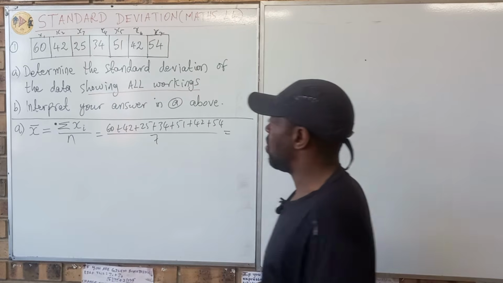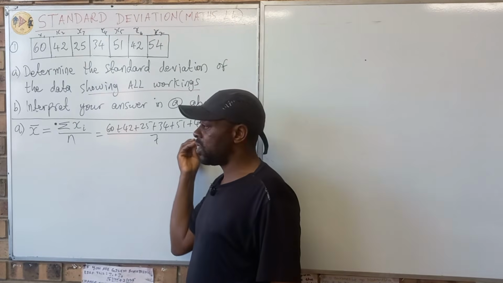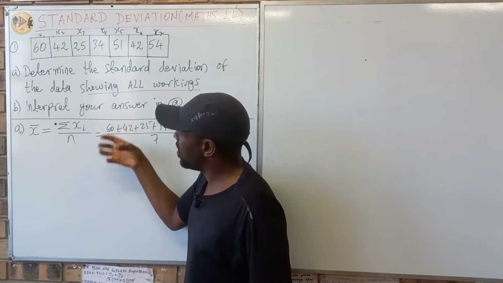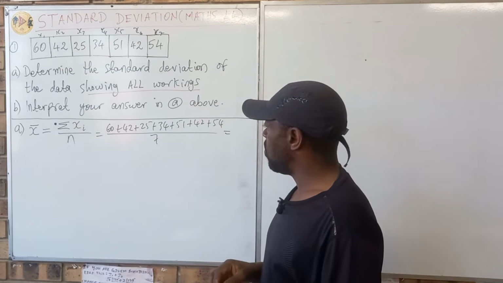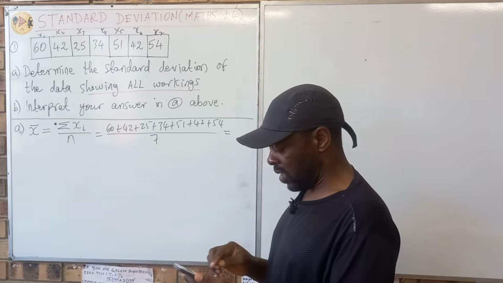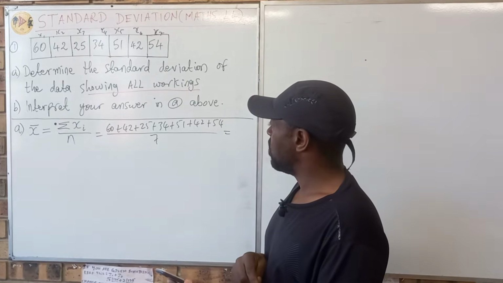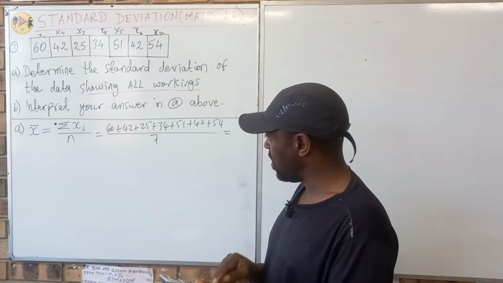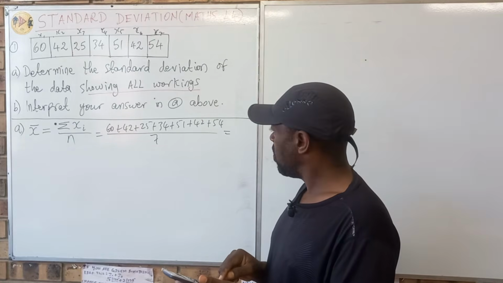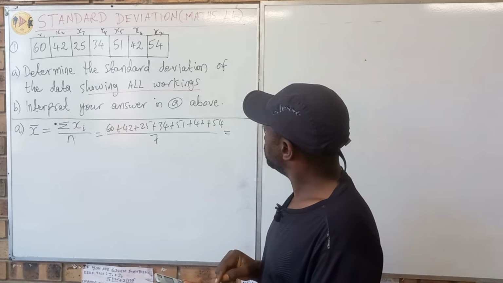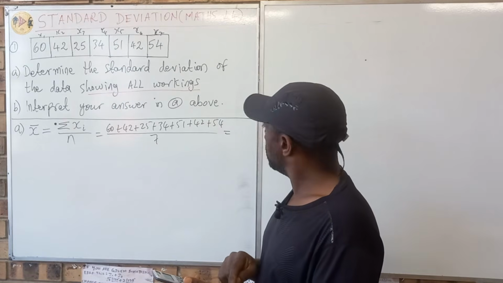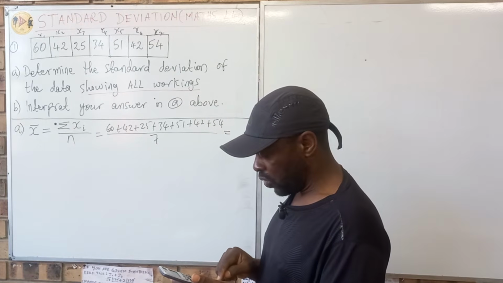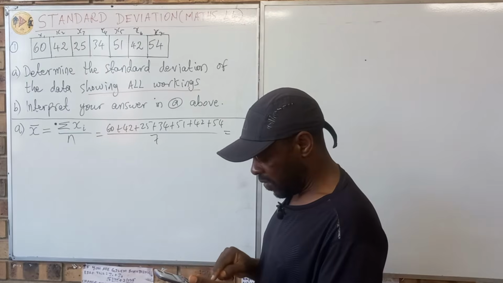When they talk of showing all the workings, this is what I want to see, because I want you to understand how these formulas are working, not just putting them in the calculator and seeing answers. So I'm taking 60 plus 42 plus 25 plus 34 plus 51 plus 42 plus 54.